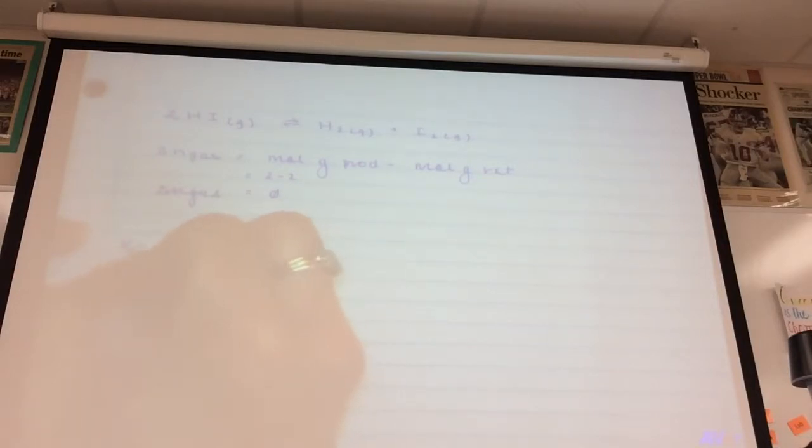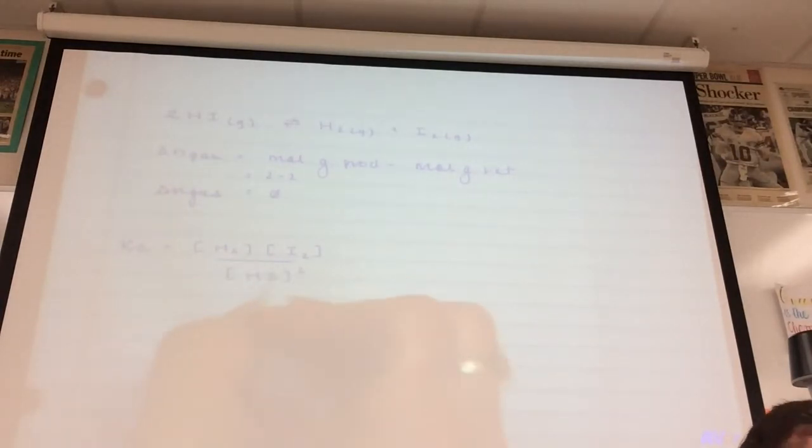You know, for example, from this reaction here, that the Kc expression would be concentration of products over concentration of reactants. A capital K there, you're talking about equilibrium concentrations.